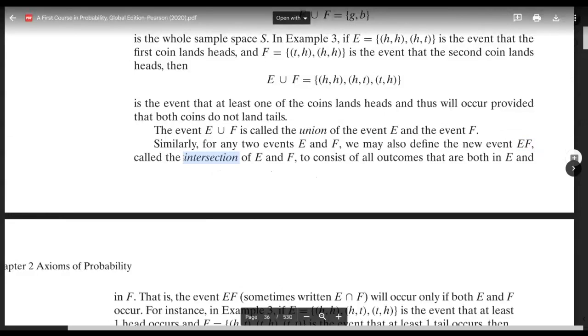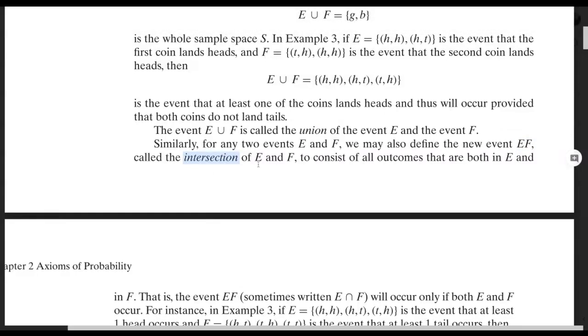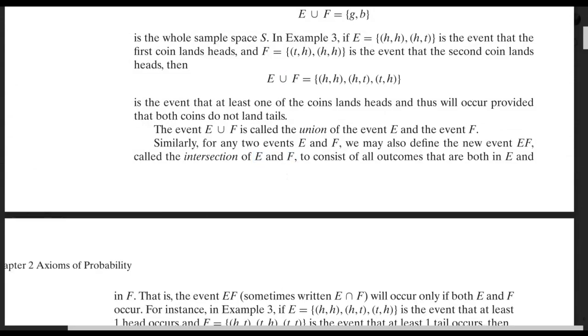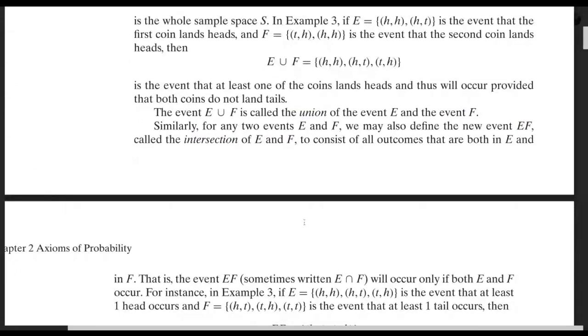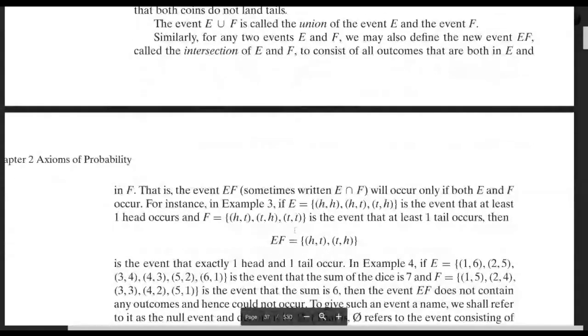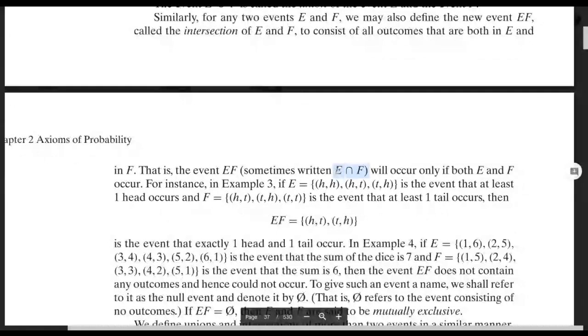So EF is called the intersection of E and F, which means the outcome is in E and also in F. So the outcome is in both, all right? Because it's "and", intersection. A lot of times other textbooks use the upside-down sign, E intersect F. But just be careful, this textbook uses EF.